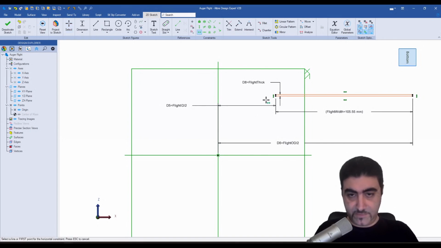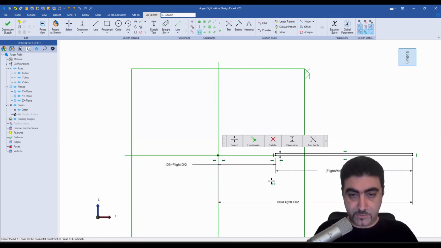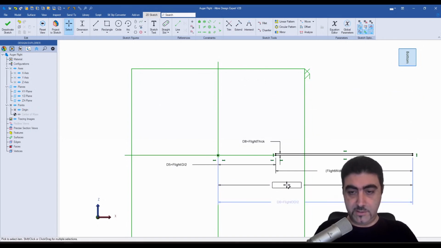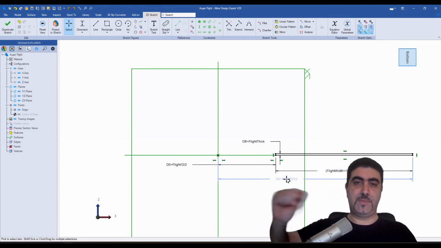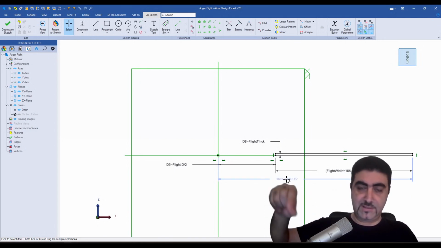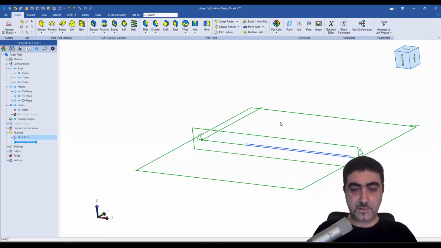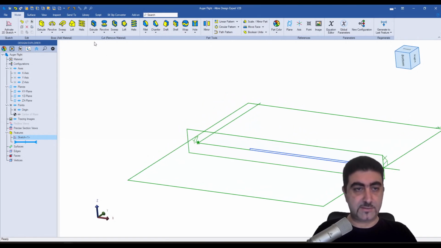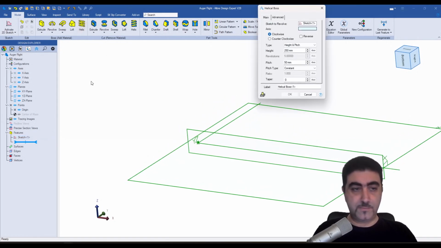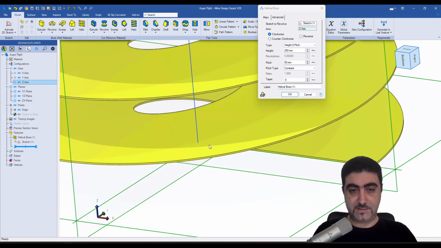Finally, I just need to make this bottom point horizontal to here. Now I've got this section of my flight that is sitting on the XY plane, and it's going to helix upwards along the Z axis. First of all, this is my axis.